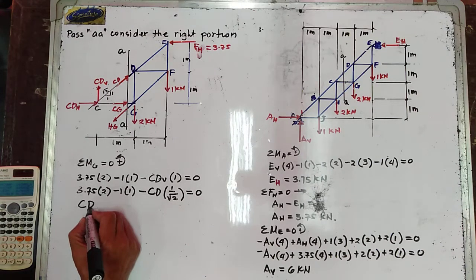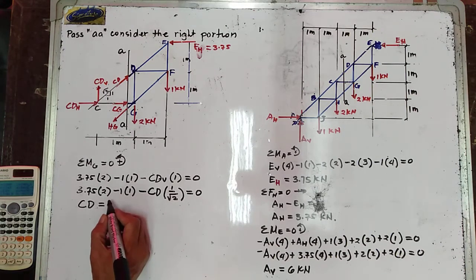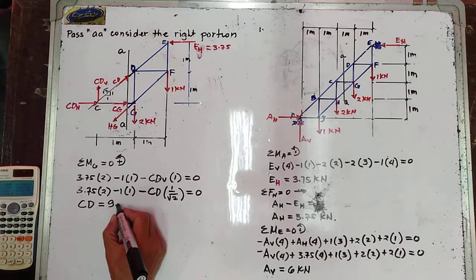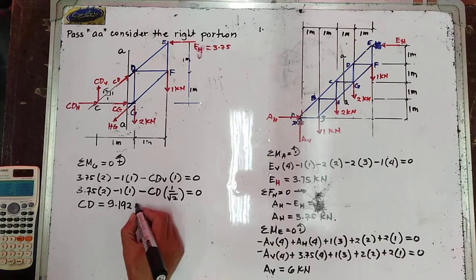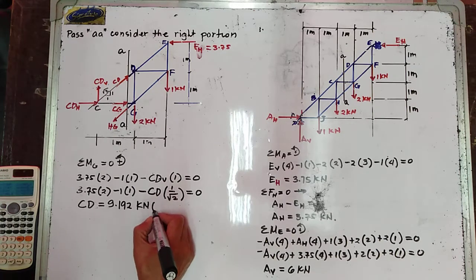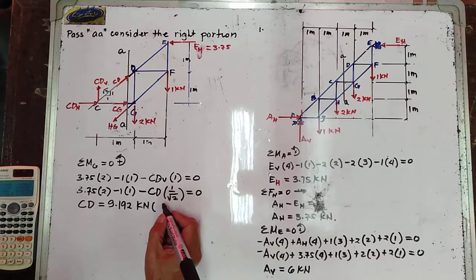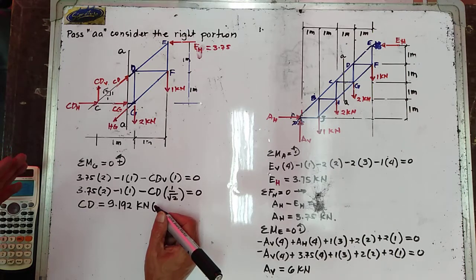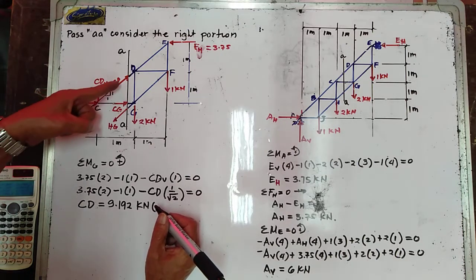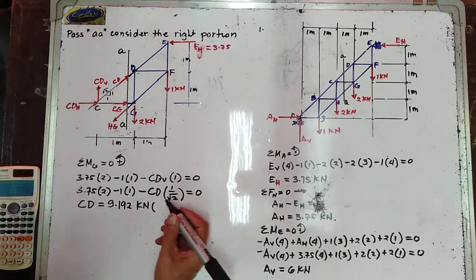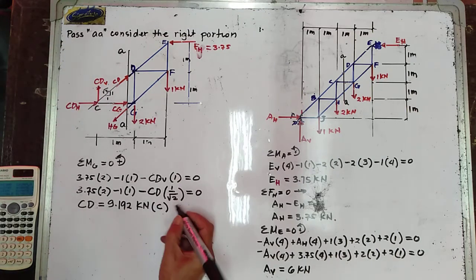Hence, the value of CD is now equal to 9.192 kilonewtons. So we get a positive value. Again, the direction of CD is correct. So that is in compression.